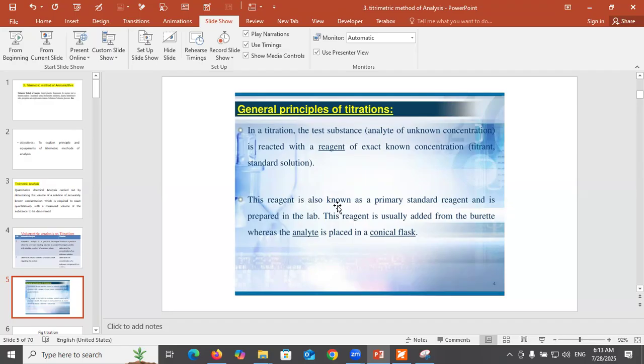This reagent is also known as primary standard reagent and is prepared in the lab.